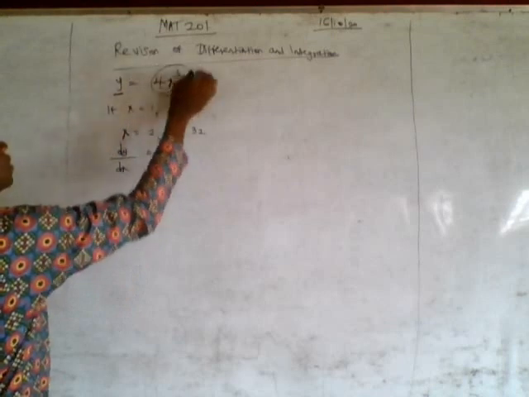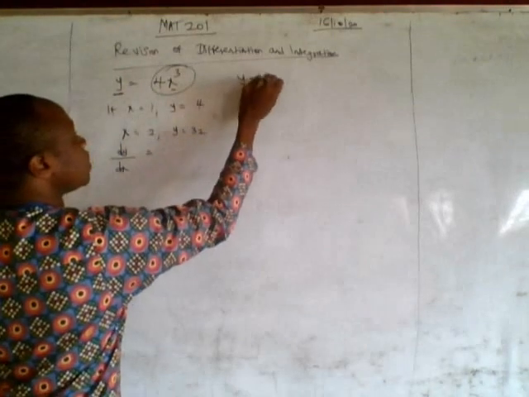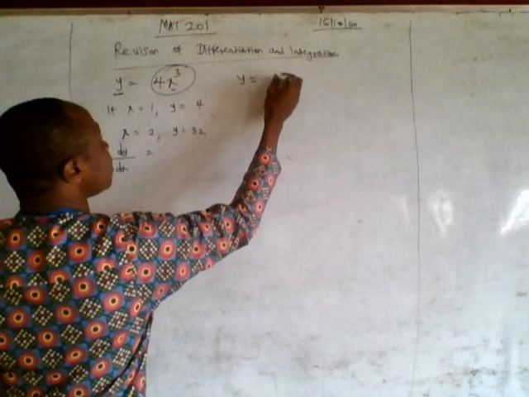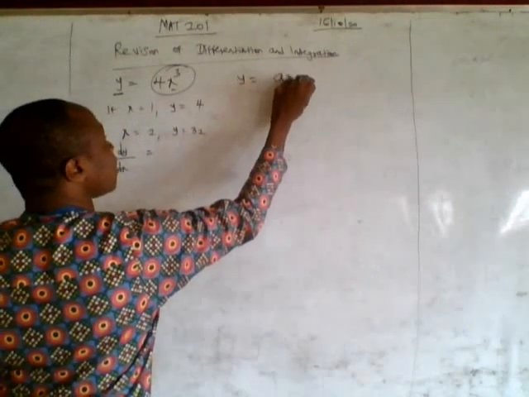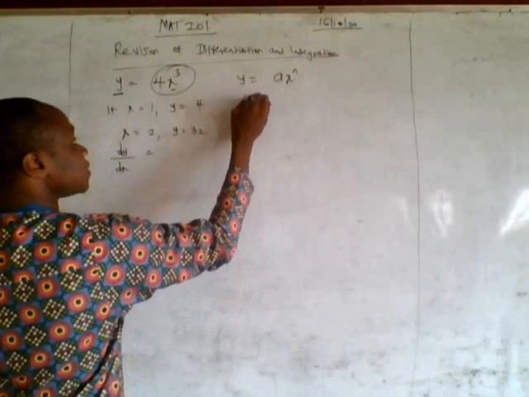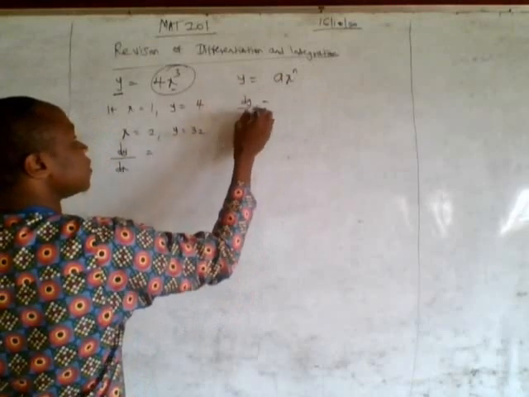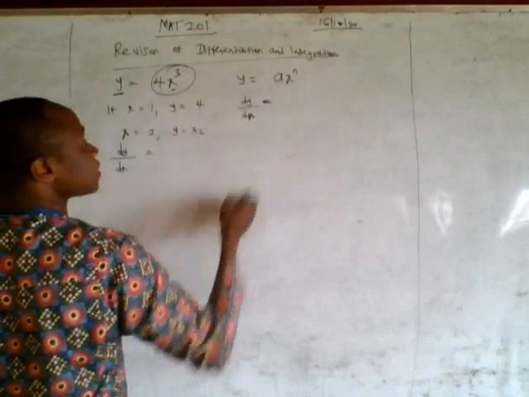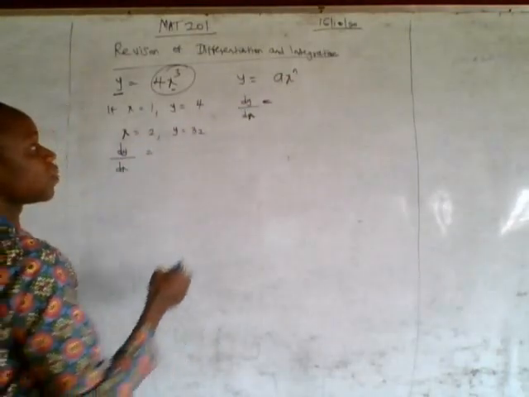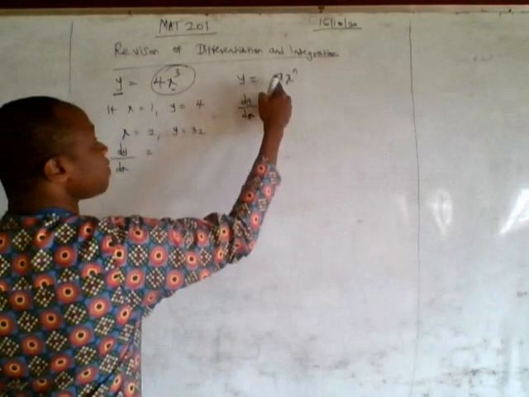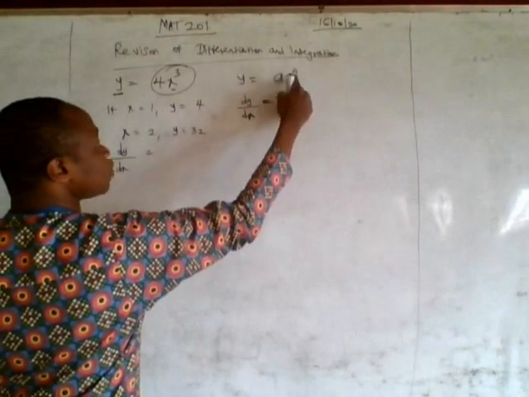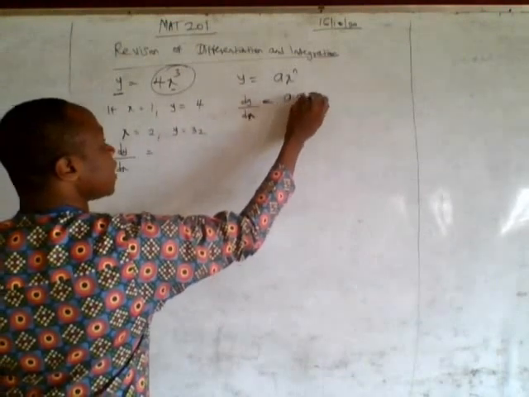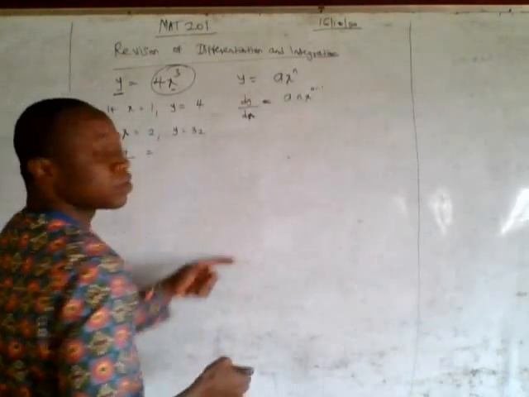So we can actually calculate this rate using what we learned in our 100 level elementary mathematics, where we said that given any function a x^n, where a and n are constants and a is not equal to 0, then dy/dx is a times n x raised to power n minus 1.